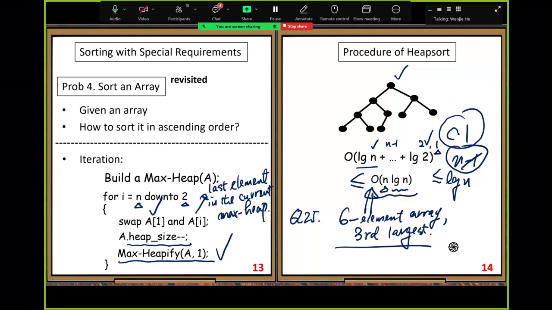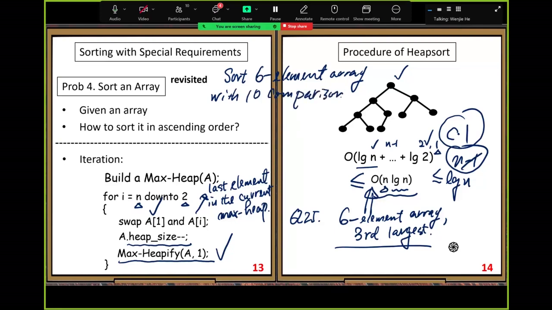In the midterm question, do you still remember we sort a 6-element array with 10 comparisons? Look at my solution file.